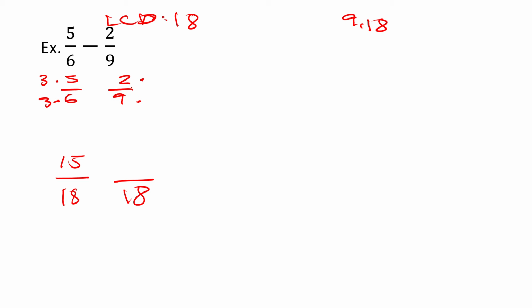Now next we go to 2 over 9. Here we multiply 9 with 2 to go to 18. So we also multiply the numerator with 2. So 2 times 2 is 4. 9 times 2 is 18. So now we have 15 over 18 minus 4 over 18.